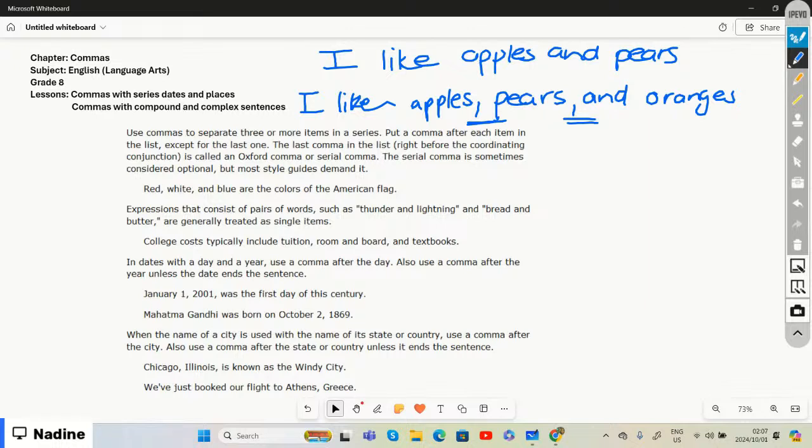But you don't separate with a comma when you say two things because it's only "and". But if you make more than two things, three or more, then we need to add a comma. So we use the commas to separate three or more items within a series. And you need to put the comma after each item within that list, just like we did in that example.